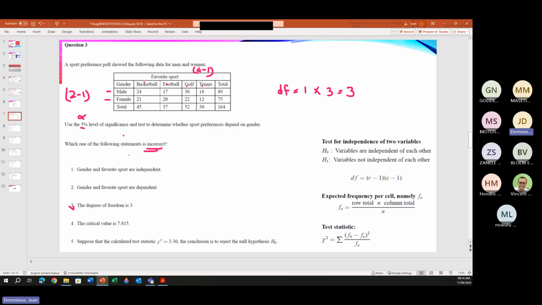Okay, so firstly, gender and favorite sport are independent. Gender and favorite sport are dependent.